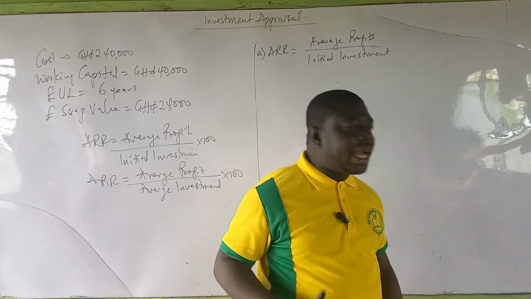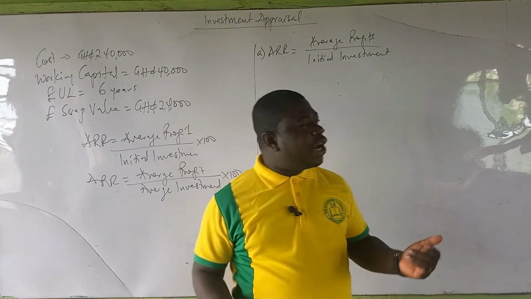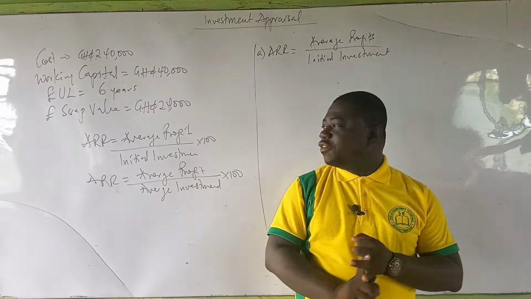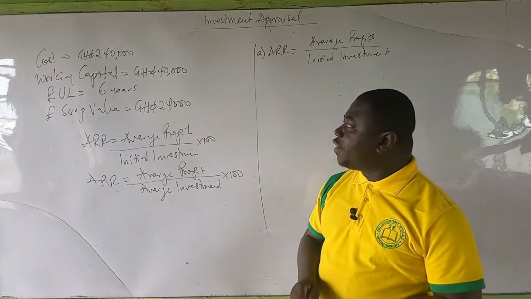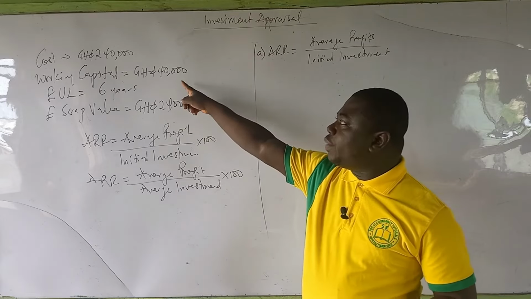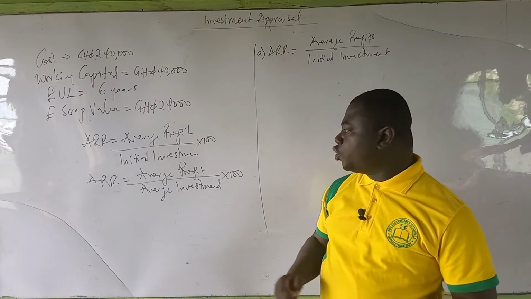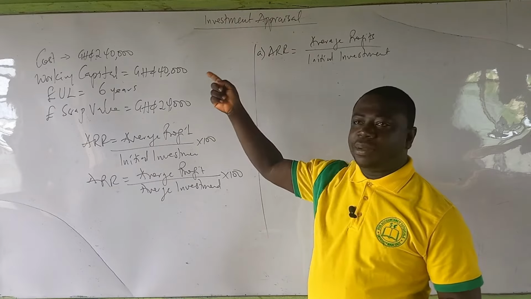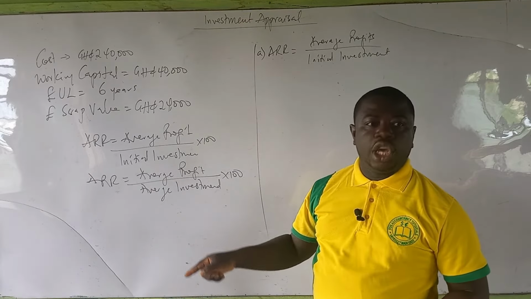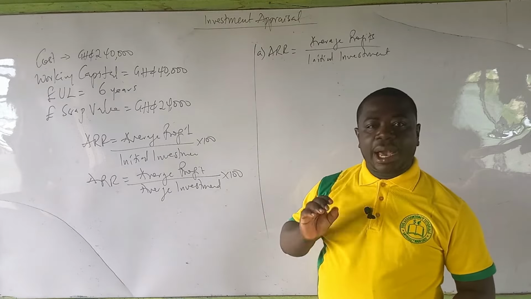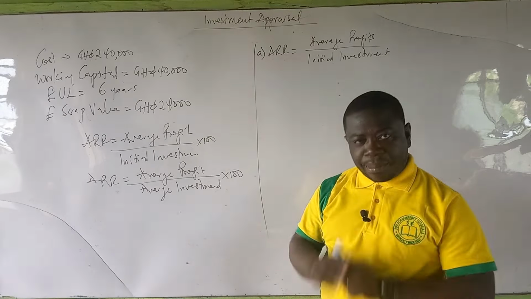So the working capital cannot be ignored, whether you are using the initial investment approach or you are using the average investment approach. If you are using the initial investment approach, you add the working capital to your cost of equipment. If you are using the average investment approach, you add your working capital still to your average investment.